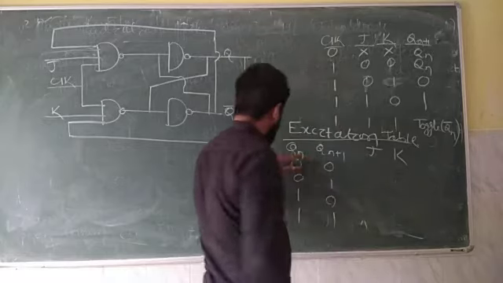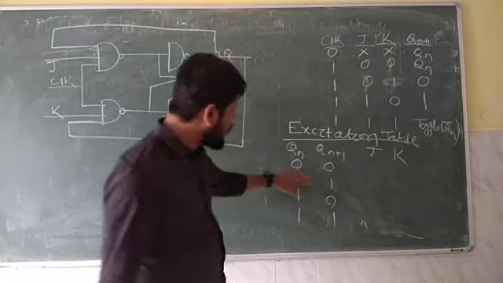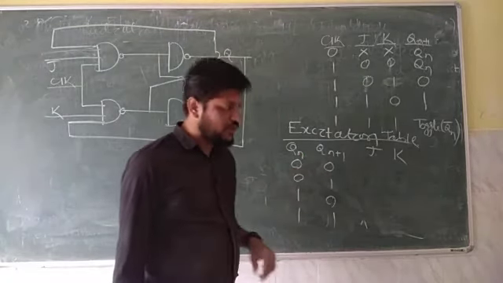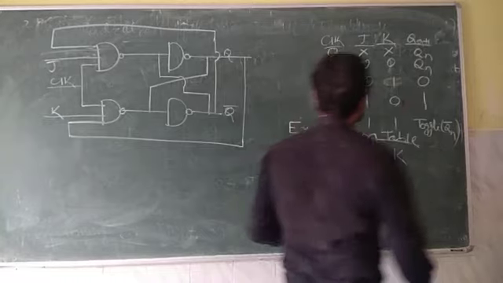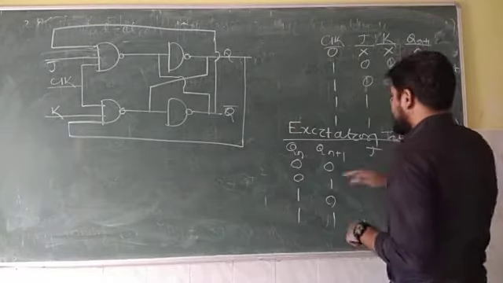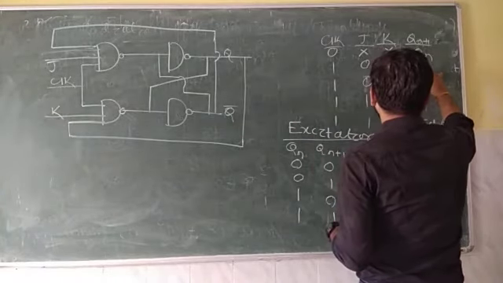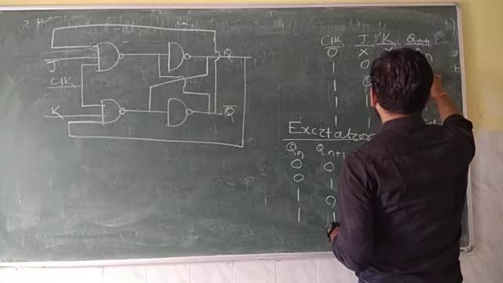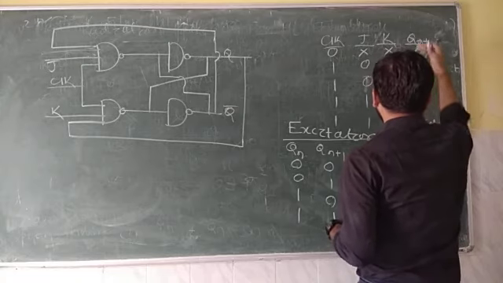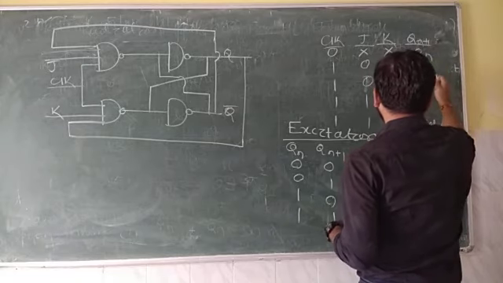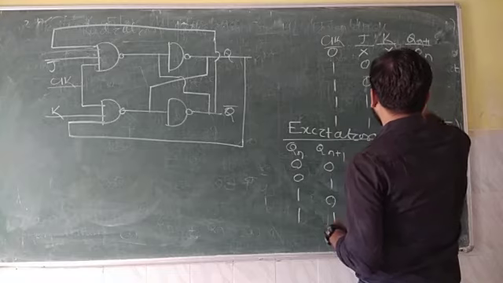So in the excitation table, when Qn is 0, Qn plus 1 is 0. You can see here the present state and next state are the same. Here, Qn present state and next state are the same, and also Qn plus 1 is 0 when J is equal to 0.